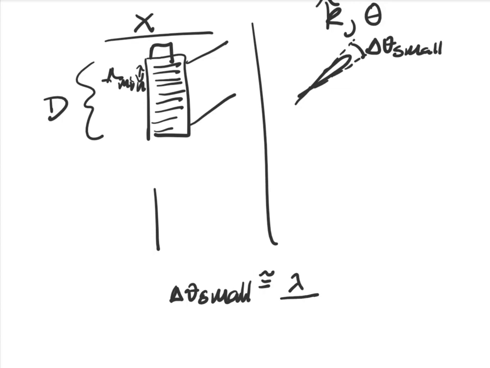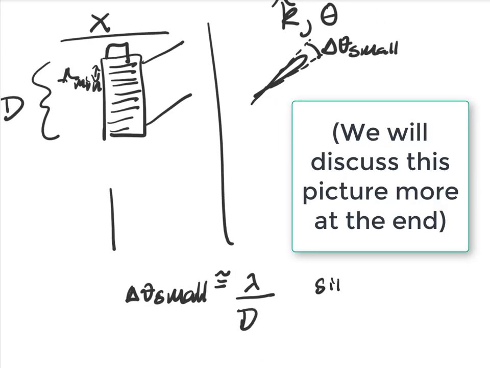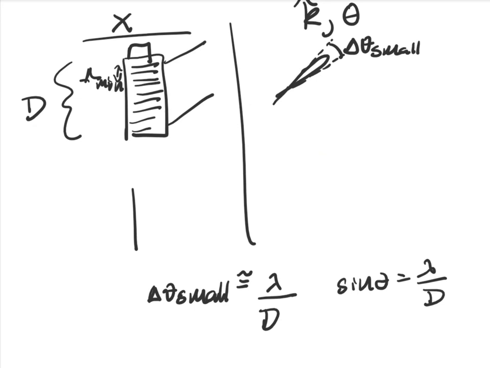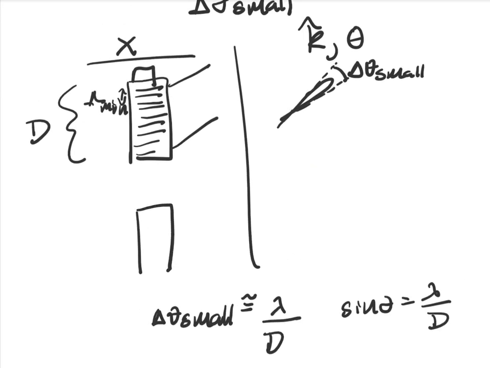And that theta small, for little angles, is approximately equal to lambda over big D. This should be familiar. This is sine theta equals lambda over D from our multiple slit interference equation.